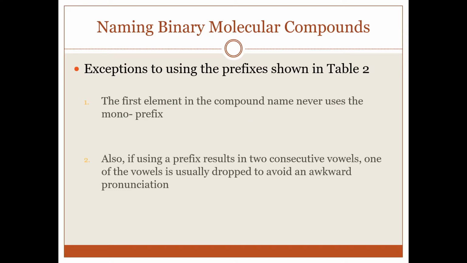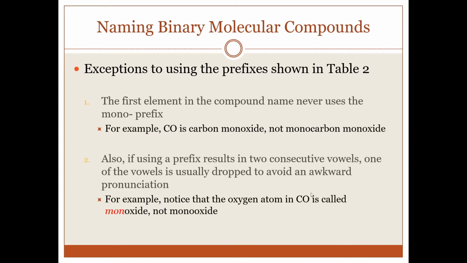Also, if a prefix results in two consecutive vowels, one of the vowels is usually dropped to avoid awkward pronunciation. For example, carbon monoxide is not called monocarbon monoxide, it's just called carbon monoxide. You don't use mono for the first element. And we call it monoxide, not monooxide.